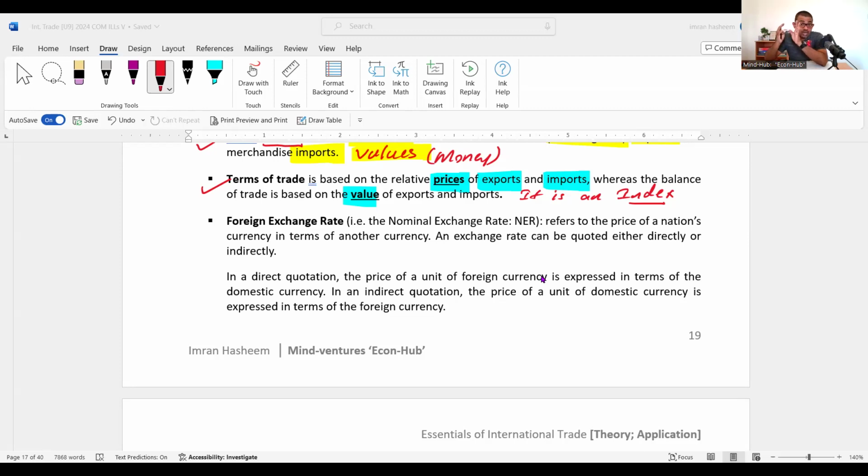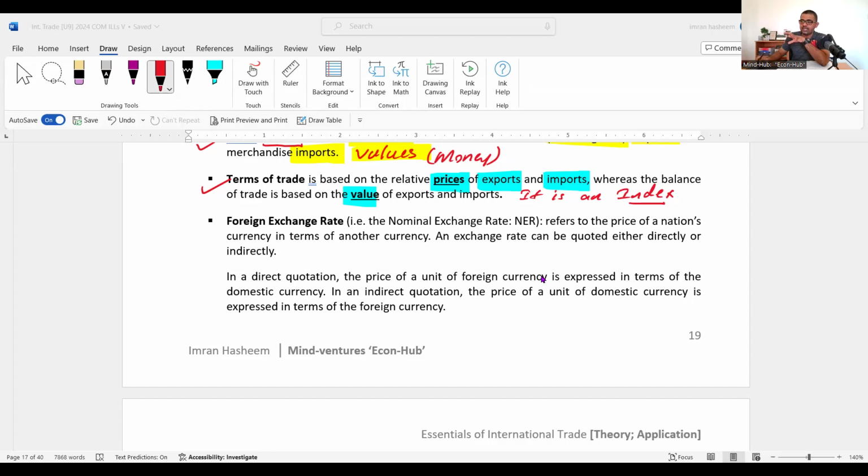That is based on demand and supply for foreign currency. Demand and supply for currency is directly connected with imports and exports. So that's how foreign exchange rates come into the discussion where we are talking about imports and exports.